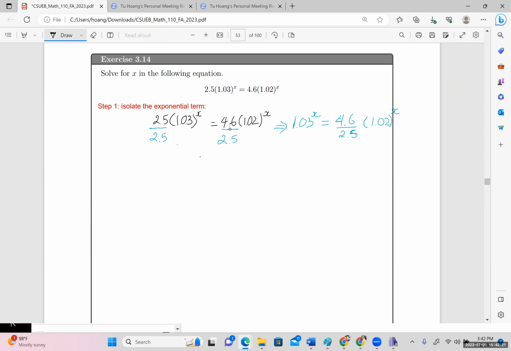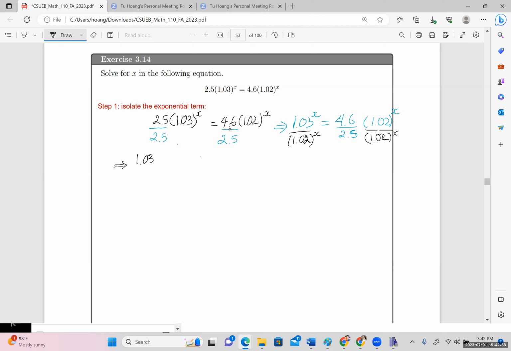Now, I want the left-hand side to have just all the terms with the variable, right? So move all the variable terms by dividing both sides by 1.02 to the x. See that?